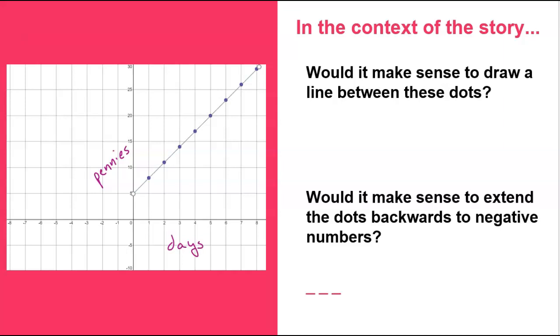What we'd be saying then is that all of these points in between would be valid. So, if I drew a point right there, this would say that at half a day, she had 6.5 pennies. Is that true? Is that consistent with our story?